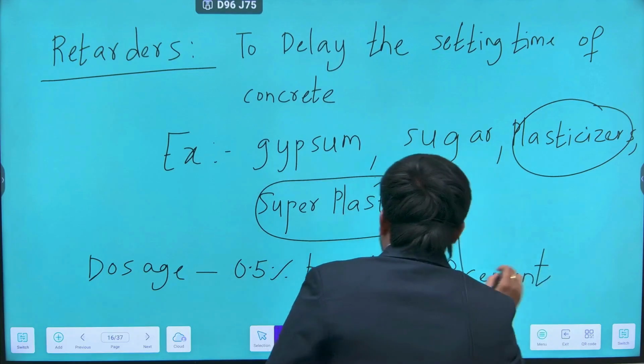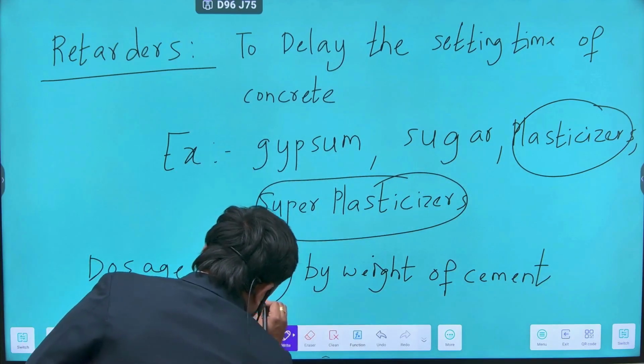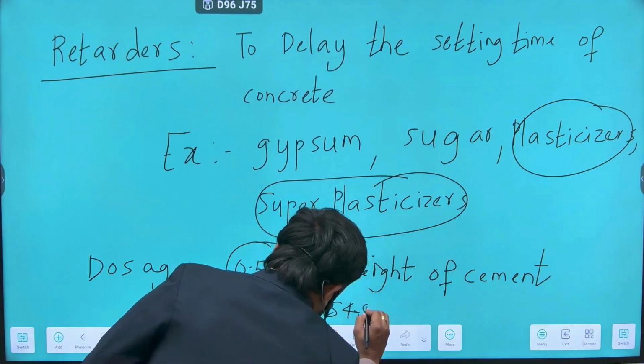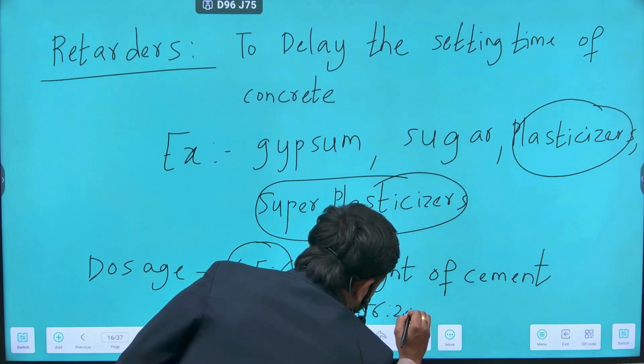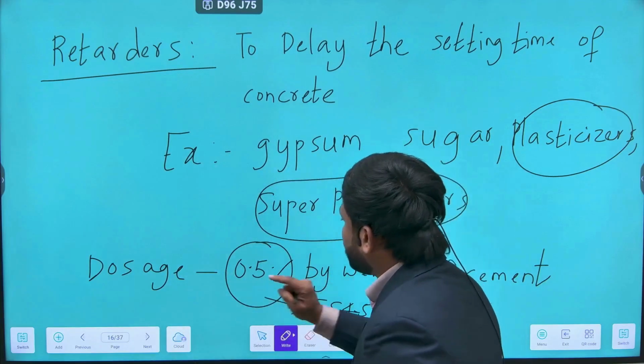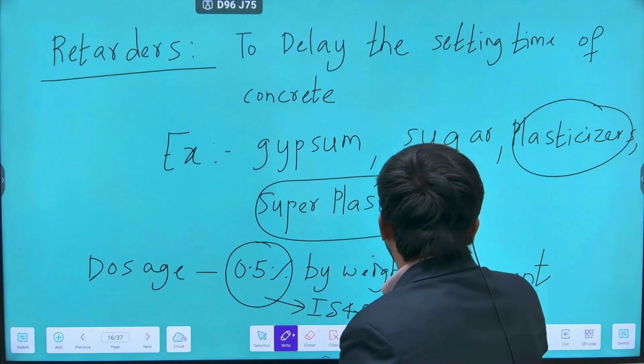You cannot use as much as you like. The code has specified some requirements and we need to follow that. IS 456-2000 has specified the usage of retarders. It can be only 0.5% by weight of cement.